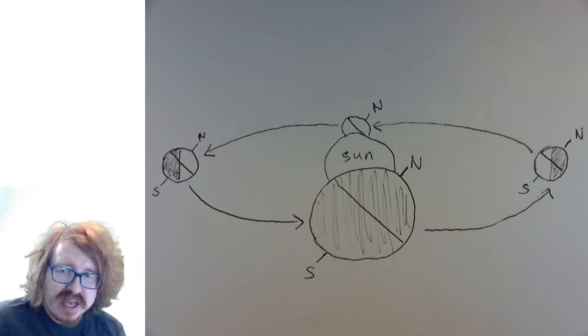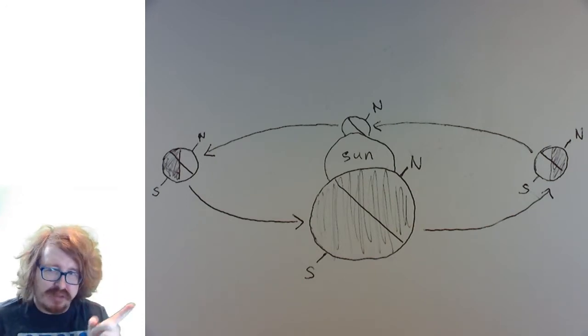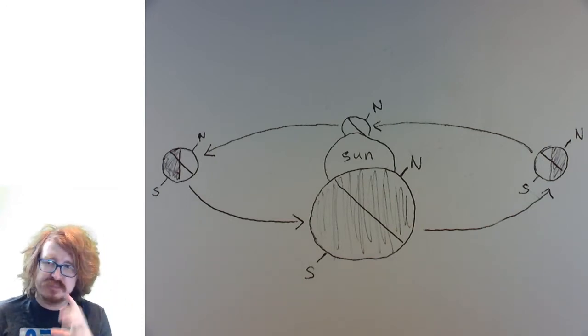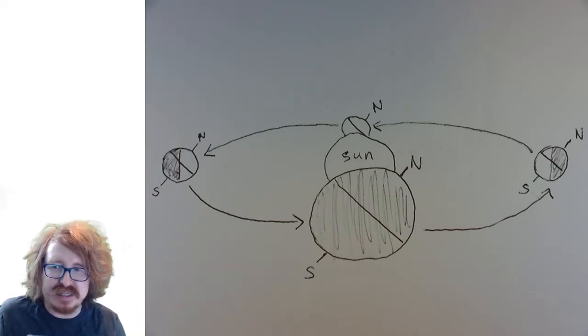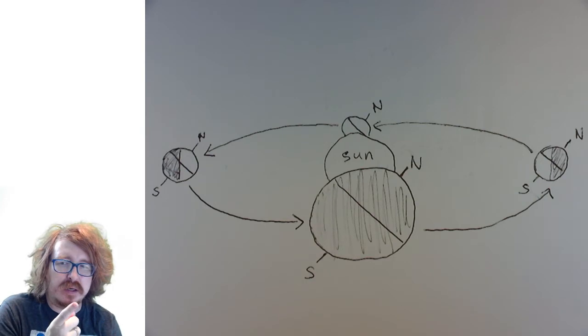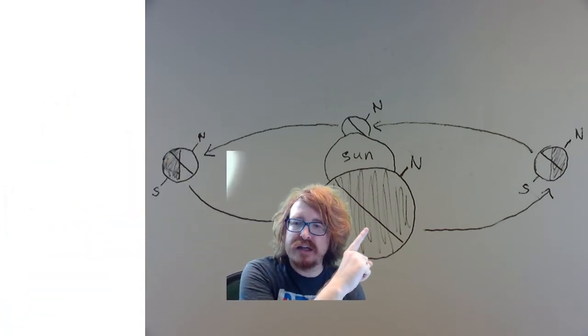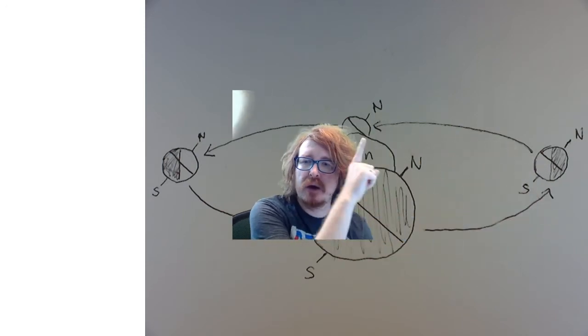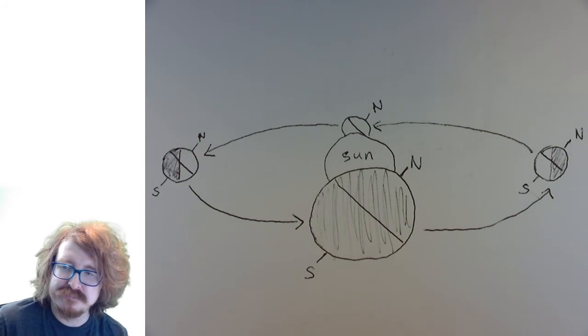For the Northern Hemisphere, for us here in North Florida, which one of those is summer? If you don't know how to do this, I'm going to explain it in a little bit, but let's see if we can make some guesses here. So which one of these is summer for the Northern Hemisphere? Left, front, right, or back? Let's take some guesses.